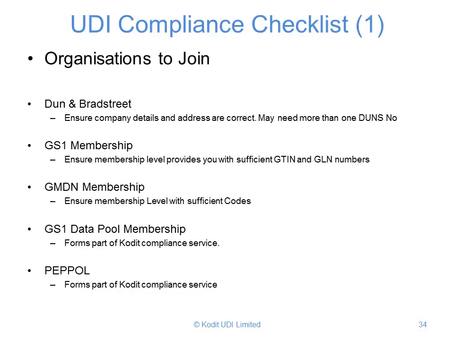Dun & Bradstreet for the DUNS numbers, GS1 for your codes, GMDN for the codes for your products. Data pool membership, we can provide that. And also PEPL, we're a PEPL access point. So you can join a PEPL access point, but you won't actually have to do anything with PEPL for the next 2 to 3 months. But join the organizations first, get that information into your systems.